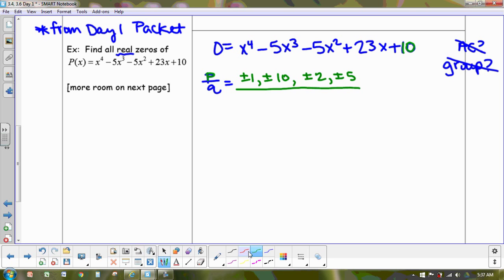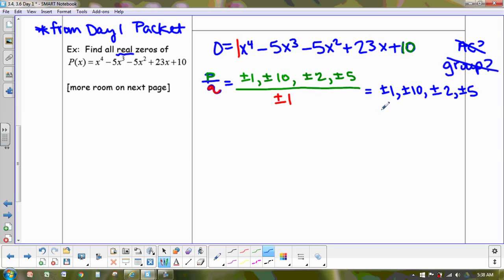And then I can factor for Q all of the factors of the leading coefficient, so plus minus 1. And these would be all of my options for rational factors. And what this list really means is plus minus 1, plus minus 10, plus minus 2, plus minus 5, because when I divide each of those by 1, I get the same thing.